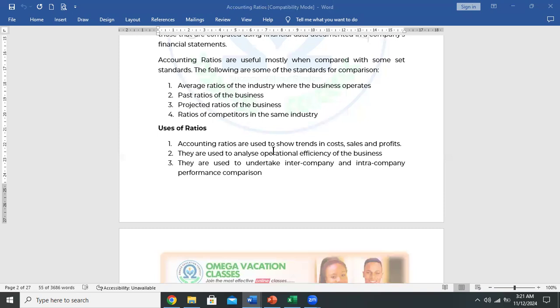Okay. The third, they are used to undertake intercompany and intra-company performance comparison. Key terms here: intercompany and intra-company. Will any of my professors tell me what inter-comparison and intra-comparison means?